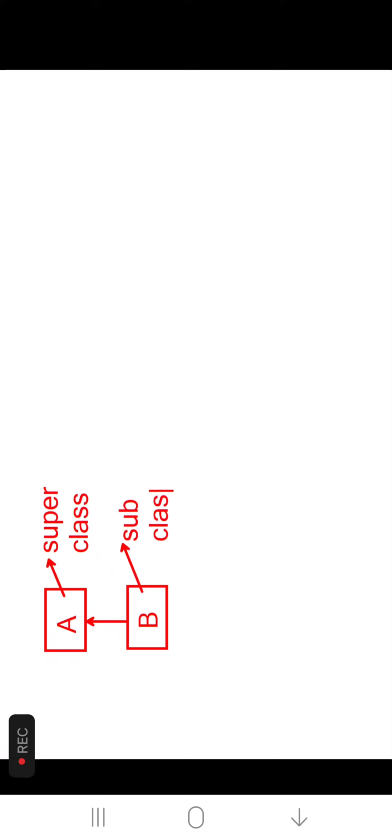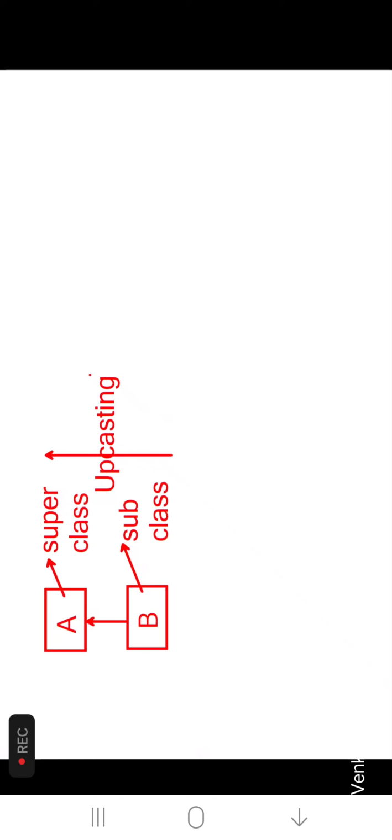A is superclass, B is subclass. Now if you assign a subclass object or subclass reference to the superclass, this concept is called upcasting.